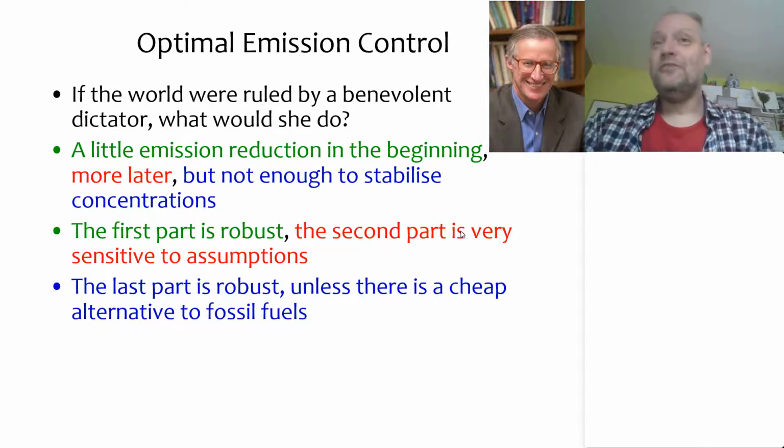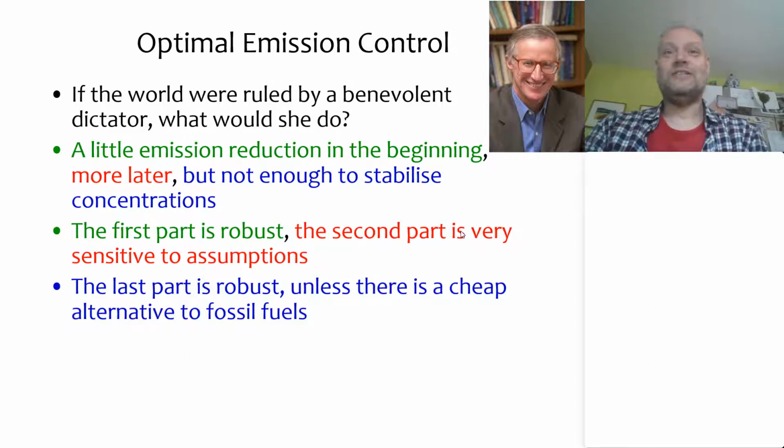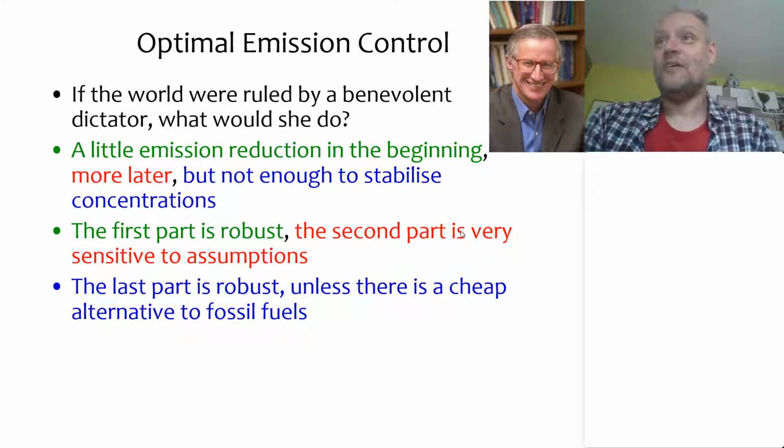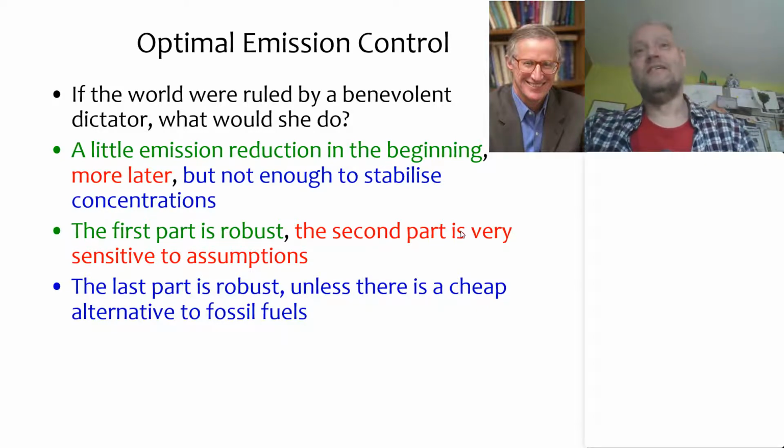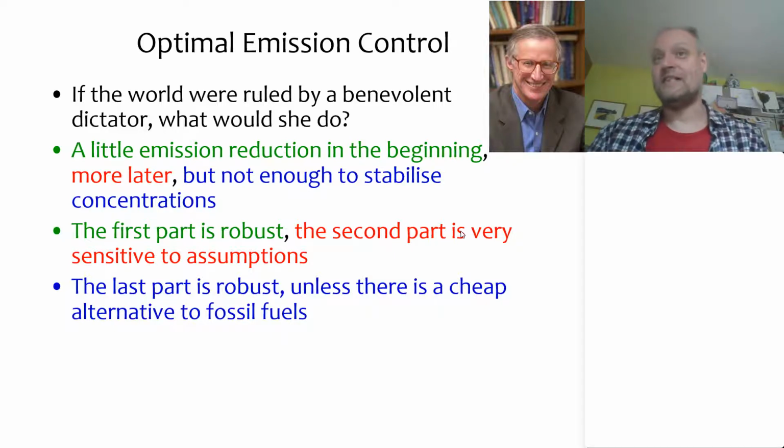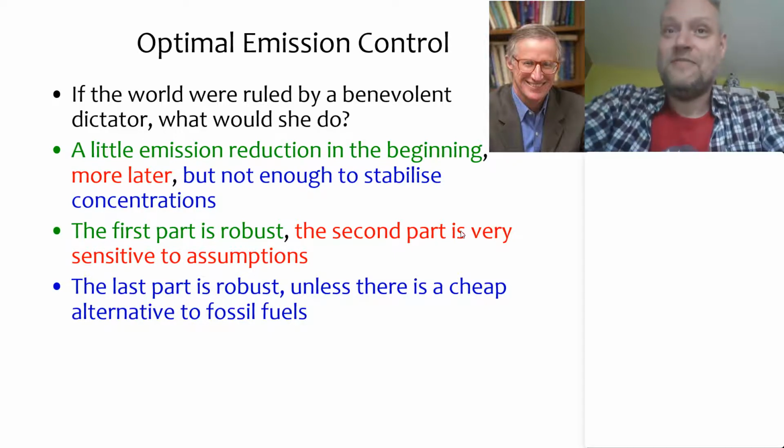The first part of the Nordhaus conclusion, that you should start slow and accelerate, that is extremely robust. And the reason that you should start slow is because a lot of emissions are essentially set in stone. You could impose a very high carbon tax in the beginning, but that's not going to change behavior.